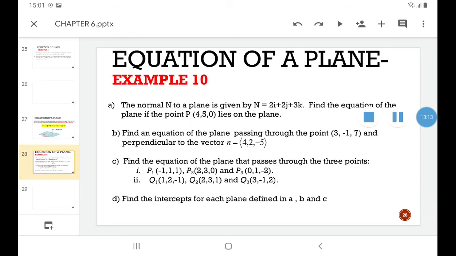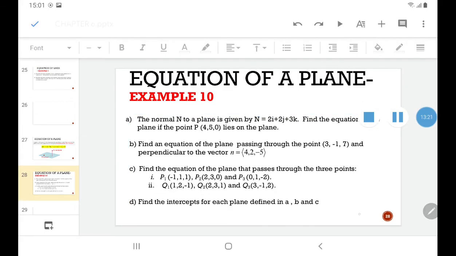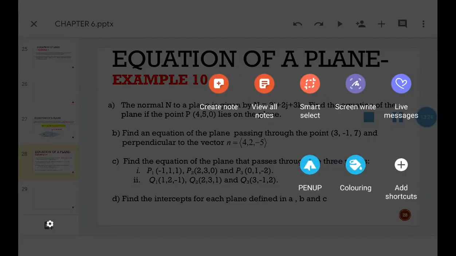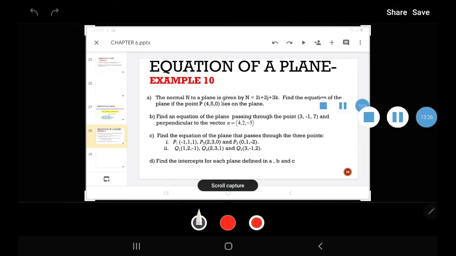Okay, so now we're going to do example 10, the normal to a plane. Find the equation of the plane if the point 4, 5 and 0 lies on the plane. So this is pretty easy. For example 10a, the equation of the plane should look like this. 2, which is the vector, times x minus whatever point here, minus 4, plus what is the vector for j?